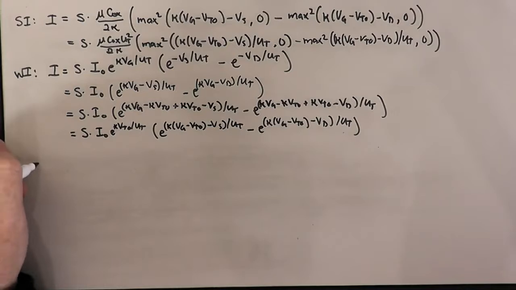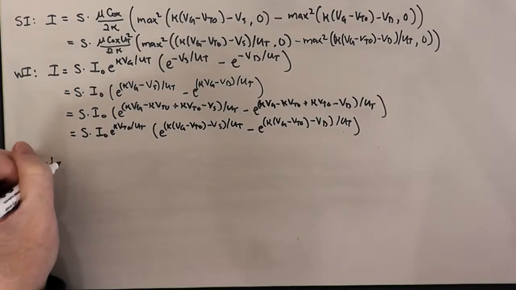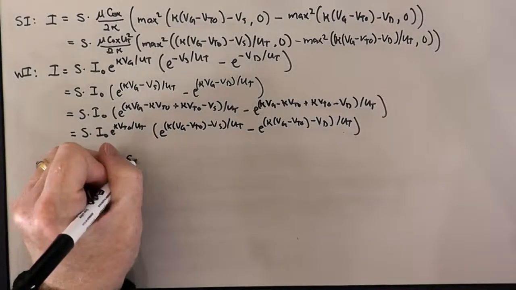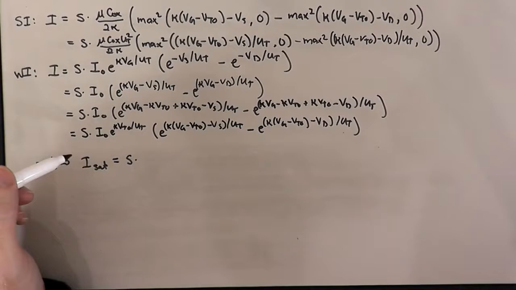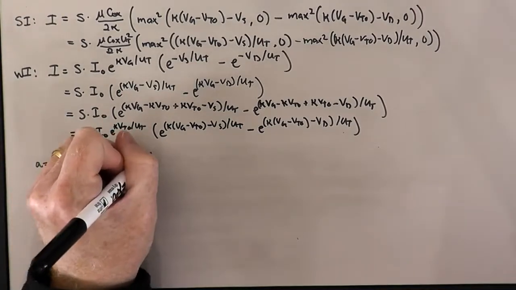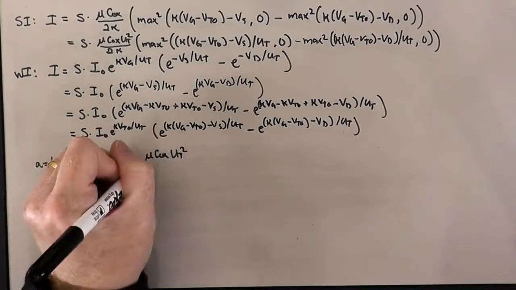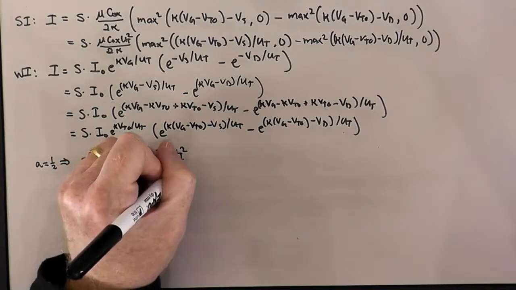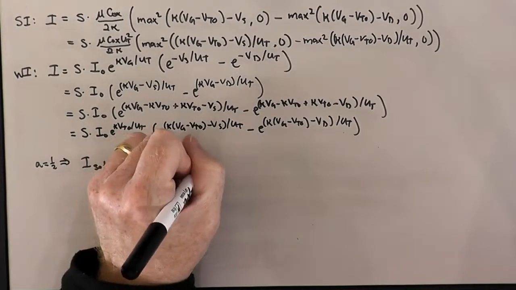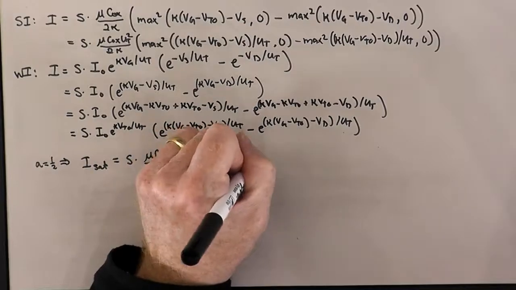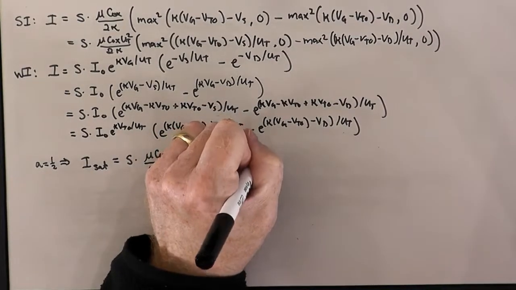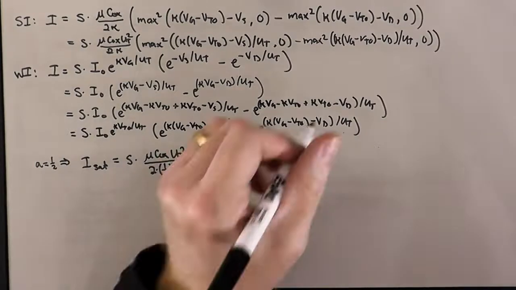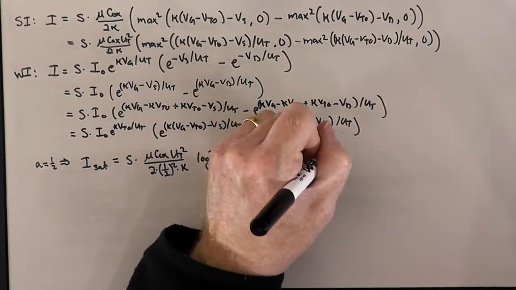So if a equals 1/2, we have that the saturation current would be equal to S times, well, the a squared was downstairs, so we had mu Cox Ut squared over 2 times a half squared times kappa times log squared 1 plus e to the kappa Vg minus Vt0 minus Vs over 2Ut.